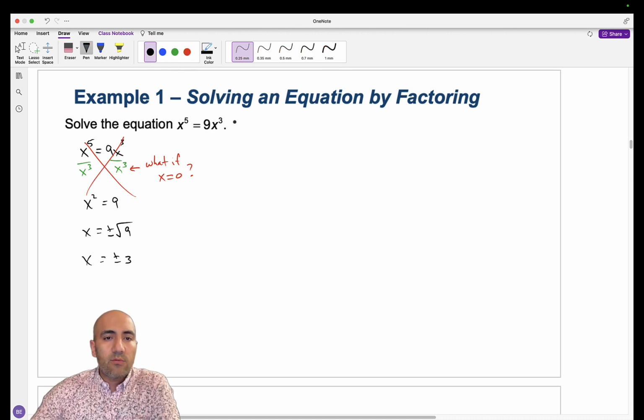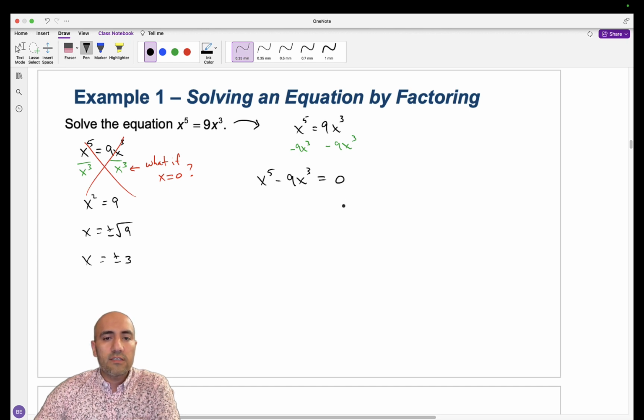Okay, so instead what we want to do is the following. Let's take x to the fifth power equals 9x to the third power. What we want to do is subtract the same quantity from both sides. Either way, you want to get it equal to 0. So minus 9x to the third power on both sides gets me to x to the fifth power minus 9x to the third power equals 0.